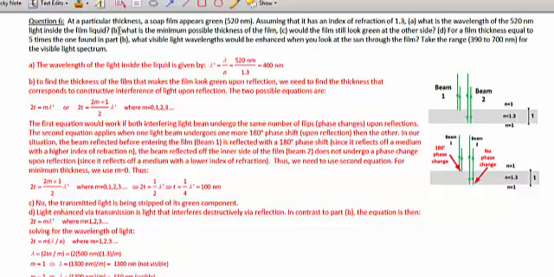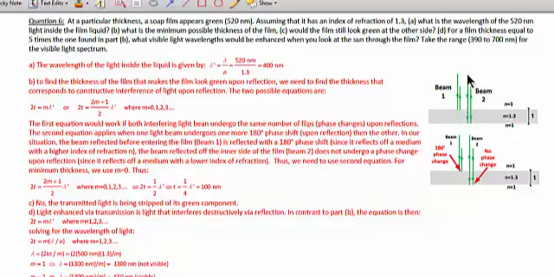Then the question, what is the minimum possible thickness of the film? Now the idea about all of this, look at the diagram here. This is the film in gray. We have light shining from the top. Let's consider beam 1. It is reflected off the surface of the soap.